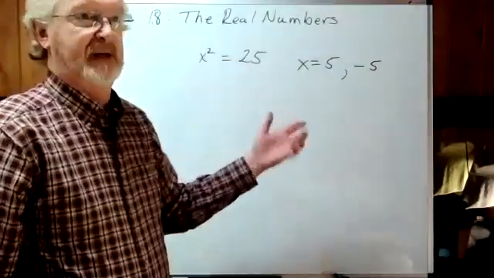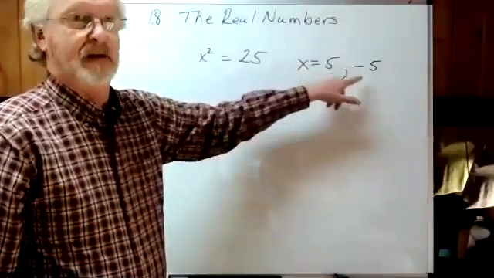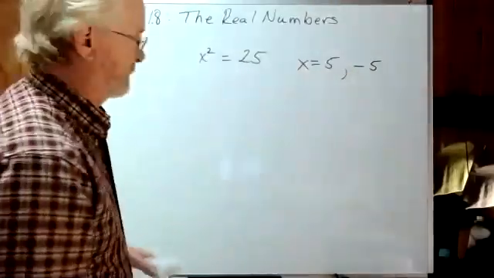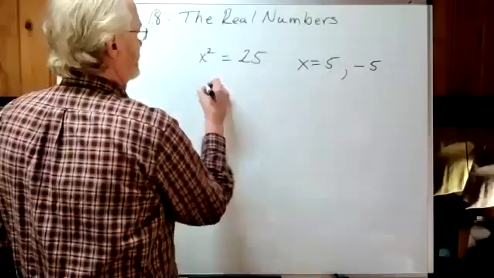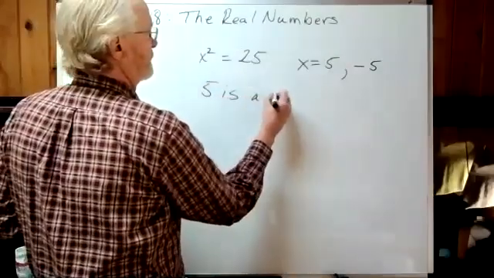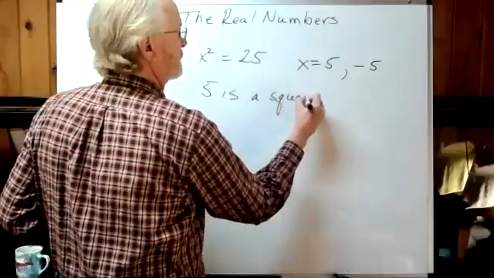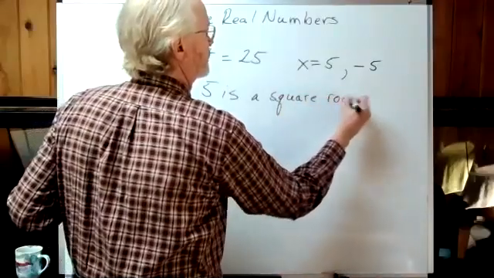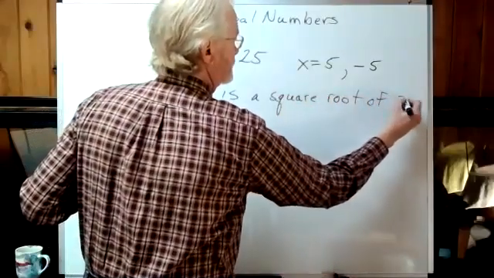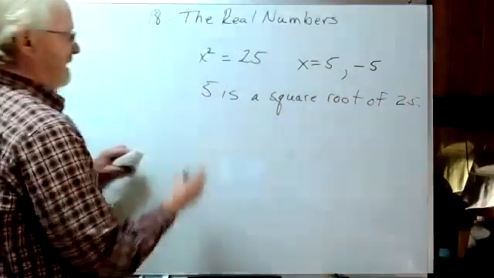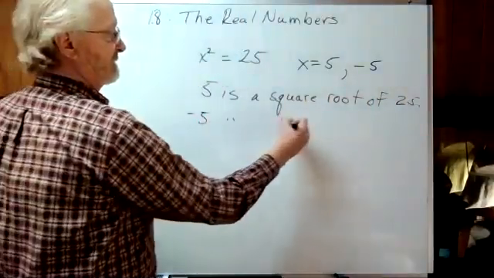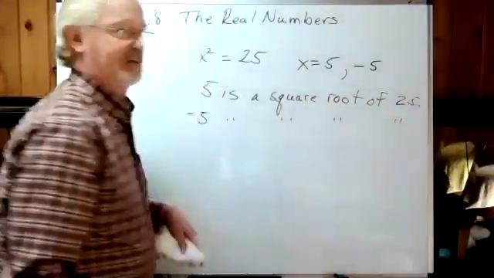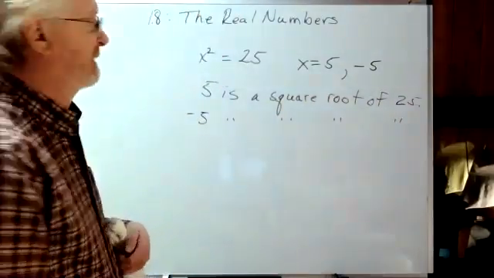That's sort of the definition of these numbers we call square roots. And similarly, negative 5 is a number I can square.